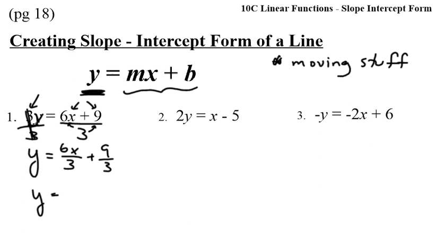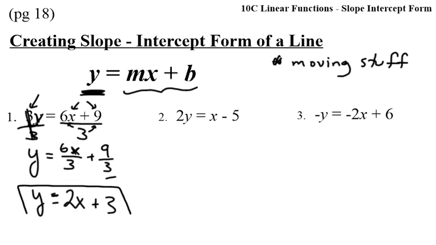Now 6x over 3. 6 and 3 I can divide. The x just stays by itself. 6 divided by 3 is 2x. 9 divided by 3 is 3. So what do we have?